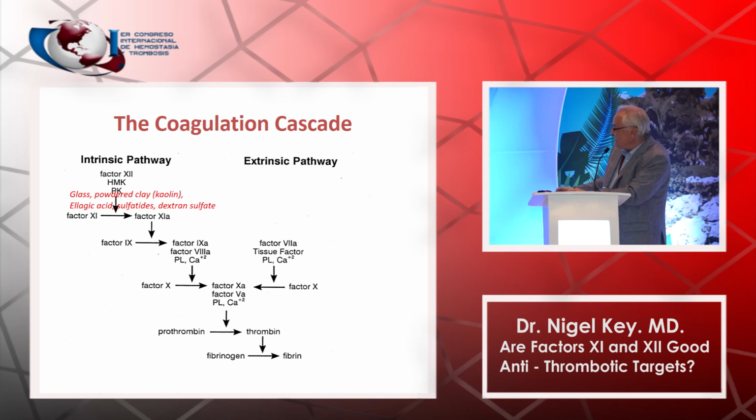We use things in the lab for the PTT, such as kaolin, but they're artificial. And of course, we have a somewhat revised view of coagulation these days that really questions the role, as I've already alluded to, of factor 12, high molecular weight kininogen, and prekallikrein. Do they have anything at all to do with coagulation, at least in the laboratory and perhaps in hemostasis?